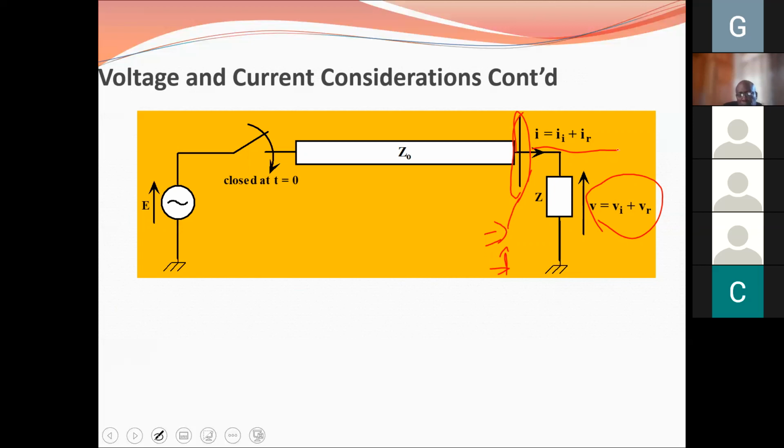It therefore means that I can write a relationship between the voltage seen here and the currents with respect to the surge impedance and the impedance of the load.